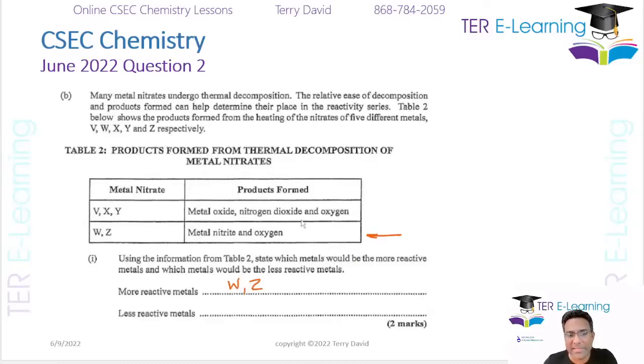And if we get any metal oxide, nitrogen dioxide, and oxygen, that means that this here will be V, X, and Y. That's what you all should have given them there. They just wanted us to classify which was the most reactive and which one was the least reactive. That's it. It's 2 marks for that.